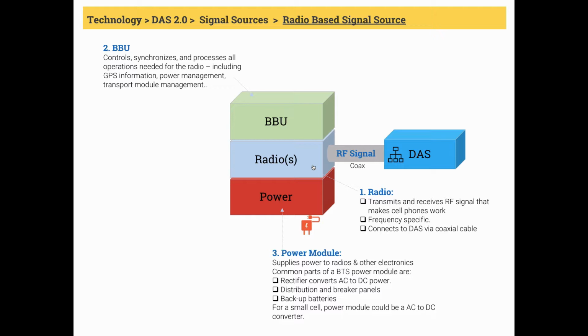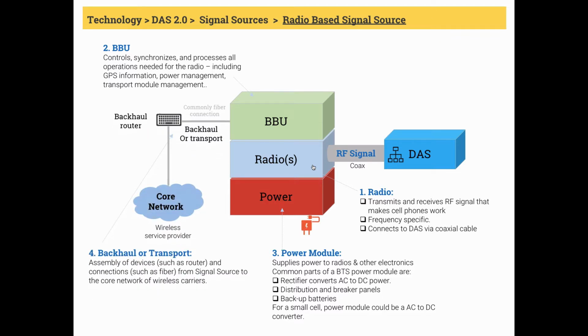For a base station, for example, common parts of a power module are a rectifier, which converts building AC power to DC power, alternate current versus direct current, distribution and breaker panels to supply power to different electronics connected to the module, and backup batteries to supply power to the signal source when building power is not available. For a small cell, which requires much lower power, the whole power module could be an AC to DC converter with some embedded power distribution capabilities.